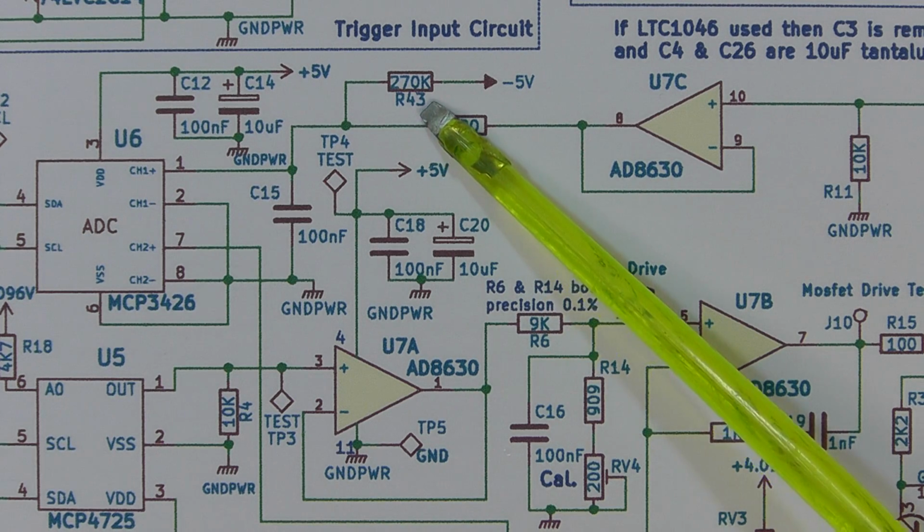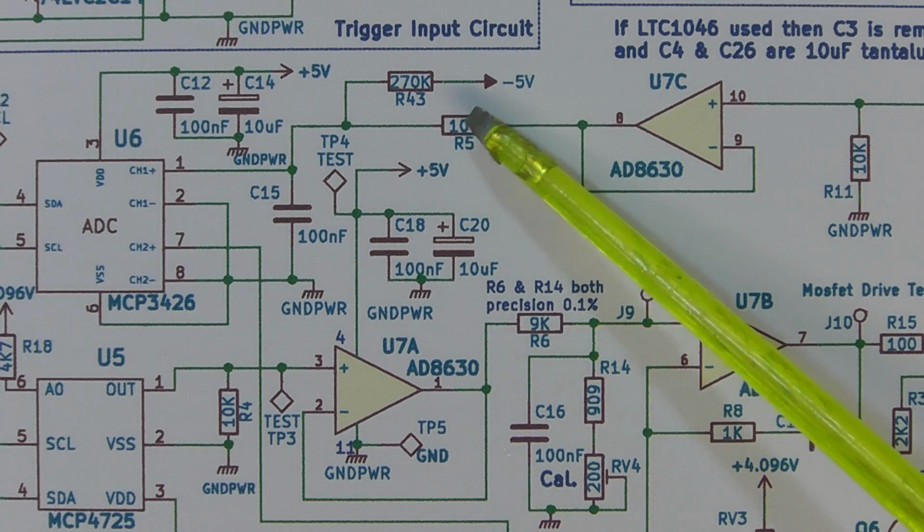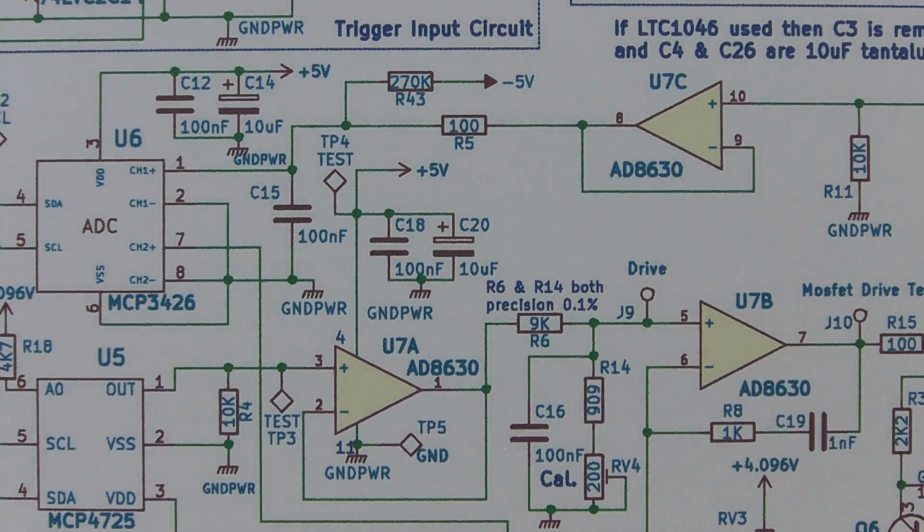Changing that 270k resistor to a 1 megohm resistor improves the calibration of the voltage setting using RV2. So that's another change that I've made.